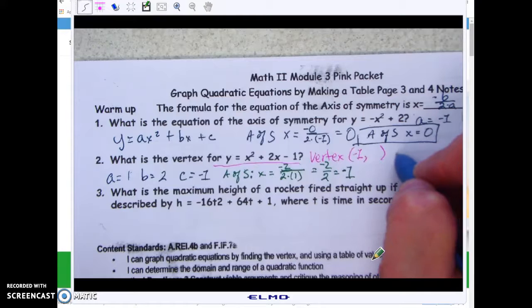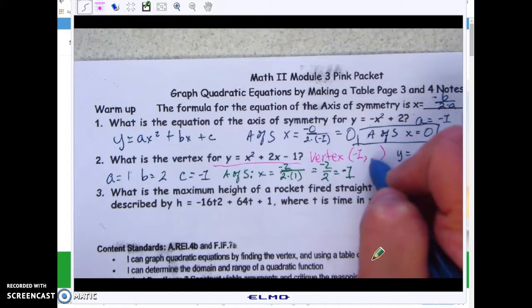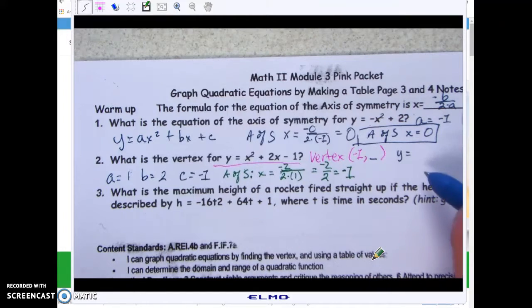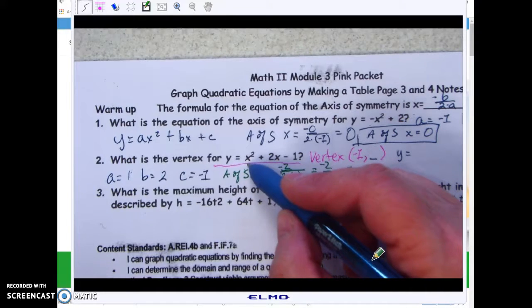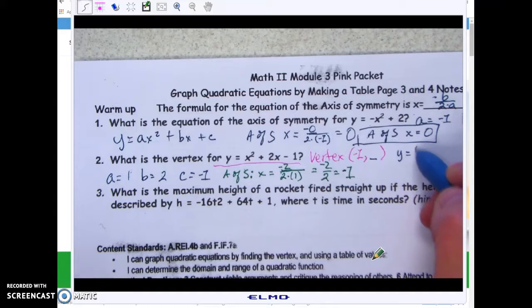So y equals, and I'm going to take my -1 and put it wherever I see an x. So -1 squared plus 2 times -1 minus 1. -1 times -1 is just 1. So y equals 1 minus 2. 2 times -1 is -2, minus 1.